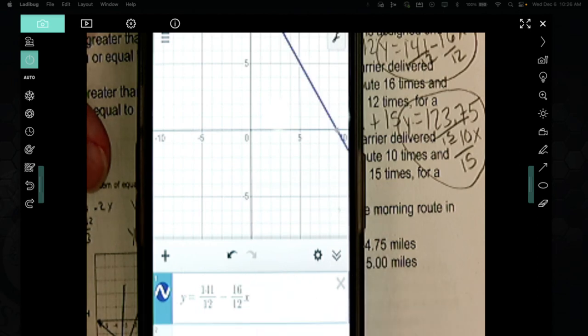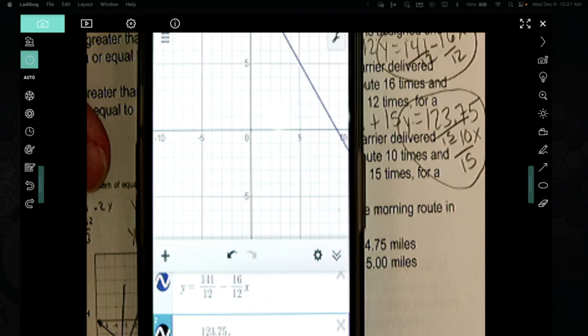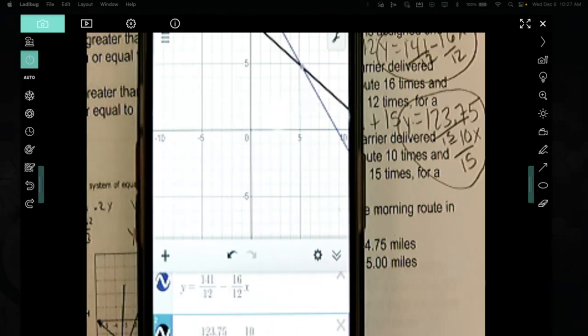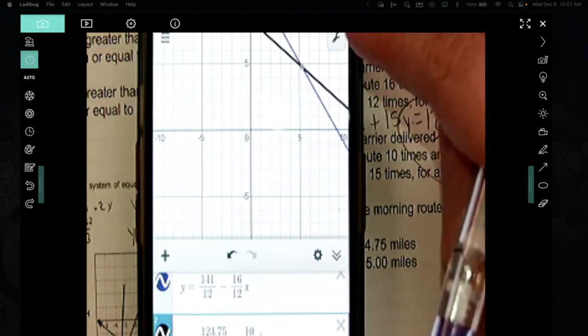Don't forget your x. Here, 123.75 over 15. Again, it's okay number. But if you get, this is a minus 10. If you get a repeating decimal, you need to leave it as a fraction. Otherwise, it's not going to do it correctly because it's rounding.